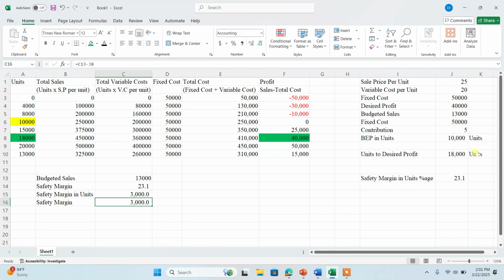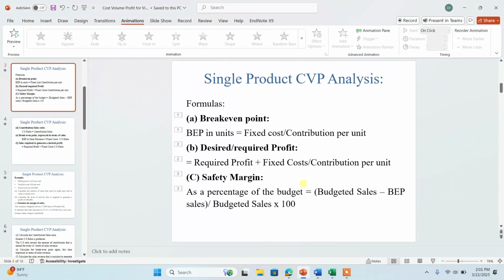But if you don't have the break-even point data and you have the safety margin percentage, you can simply multiply it by the budgeted sales and get the 3,000. So hopefully this is clear. If your sales volumes fall by more than this percent, then you are in loss. You have the margin till 23.1%.